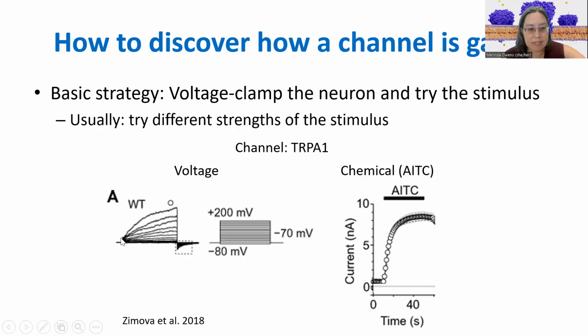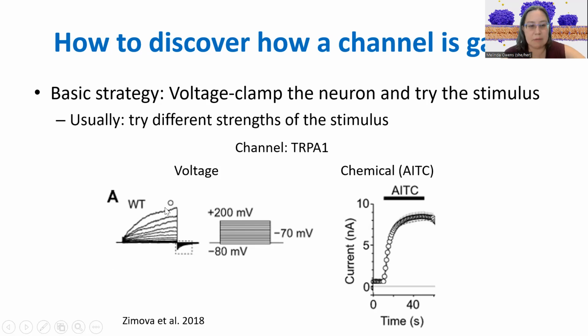Each of these lines, including down here, looks thick because many of the lines overlap. Each of these lines represents the current from one of these experiments. Probably the ones at the bottom are the results of raising the voltage just a little bit, maybe to -60 or -50, whereas this one up here is the result of raising the voltage all the way to +100, 200.